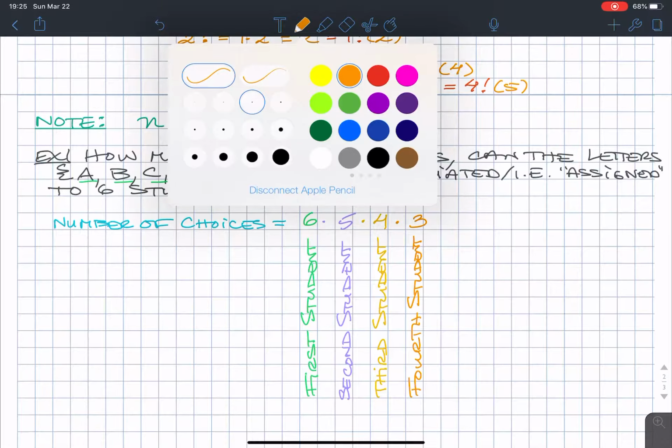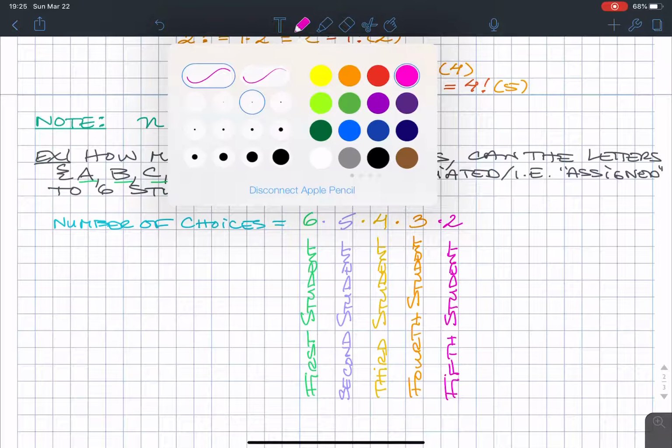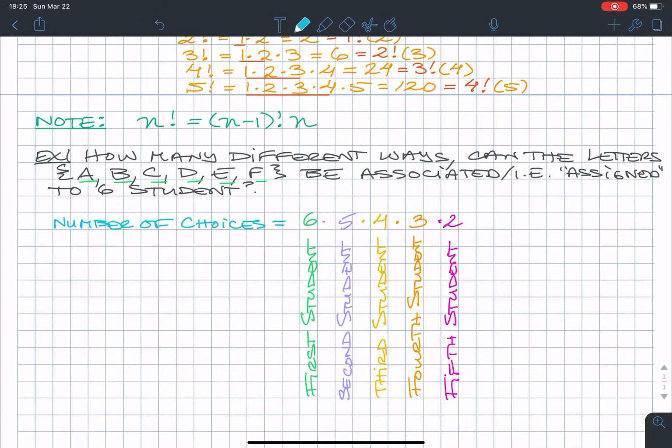And let's go to the fifth student. We'll have only 2 letters remaining. And finally, the sixth student only has 1 choice remaining.